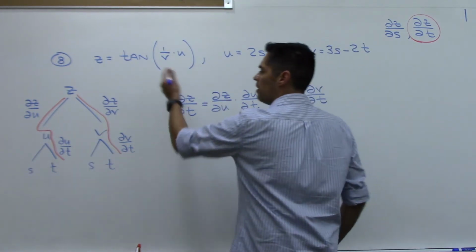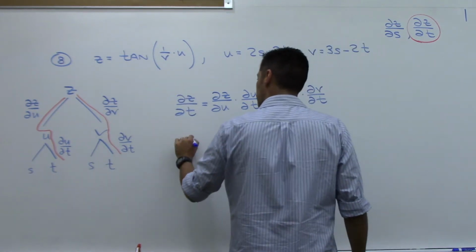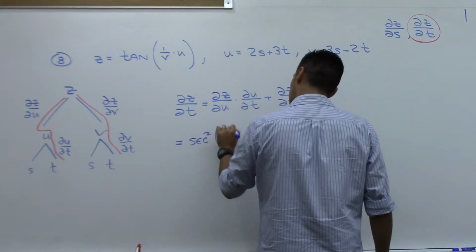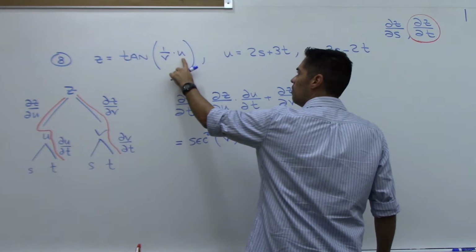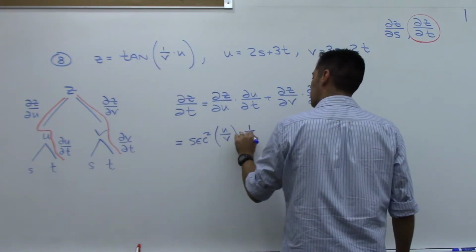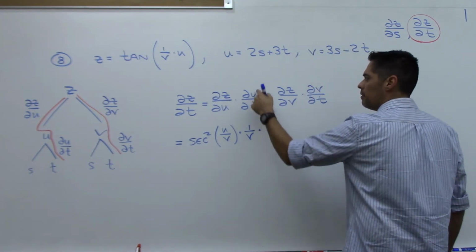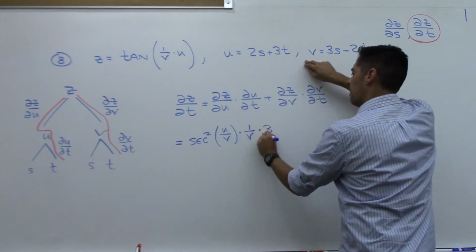So first of all, the derivative of tangent, was it tangent or arctangent? Tangent. The derivative of tangent of something is secant squared of that something, u over v, times the derivative of the inside with respect to u, which means that this is a constant, times u, the derivative of that is just a constant, 1 over v. Okay, times, now the derivative of u with respect to t. So the derivative of this with respect to t is just 3.